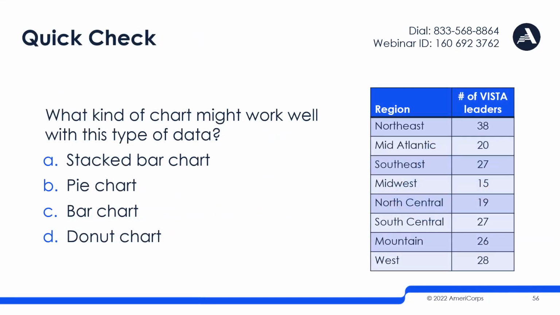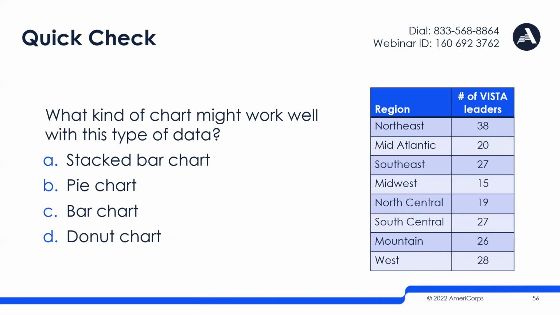All right, so we've covered a lot, and now it's time for you to apply a little bit of what you've learned. So we've got a little data table here. Looking at that data, what kind of chart do you think might work well with this type of data? So you've probably seen a poll pop up on the screen.